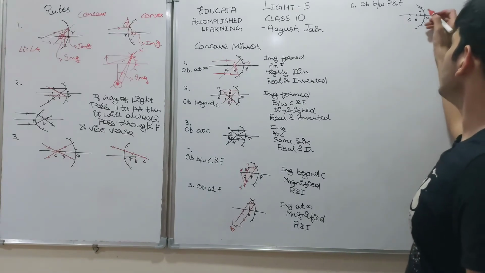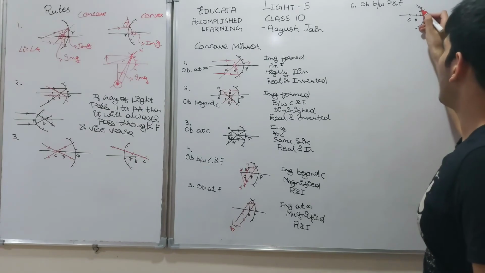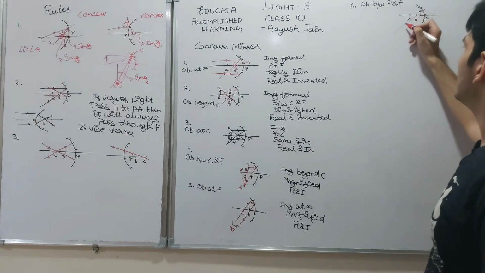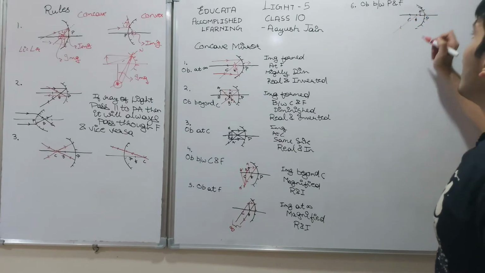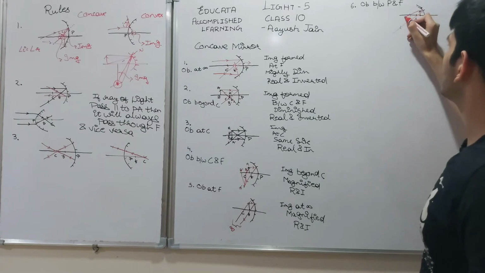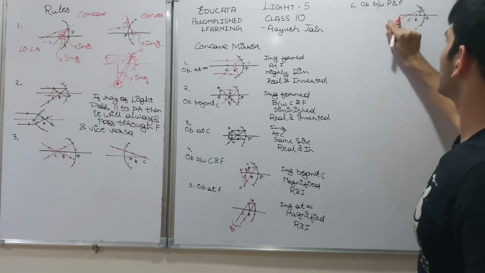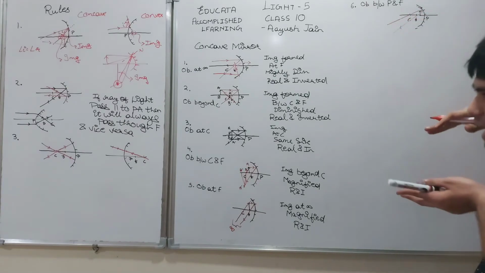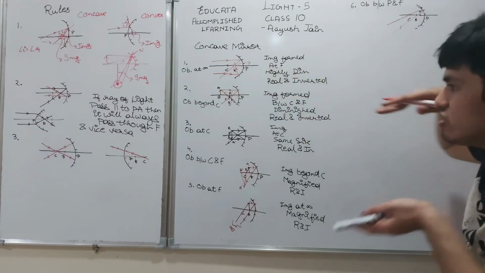This line will pass parallel to the principal axis, this will pass through the focus, and it will move somewhere over here. This ray of light will pass through the center of curvature and go something like this, but we can easily see that they are going to diverge.